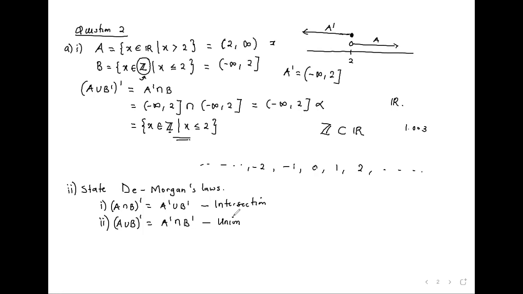Just like when they ask you to say when a function is even or odd, the job is to say: even when f of negative x is equal to f of x; odd when f of negative x is equal to negative f of x. Full stop.